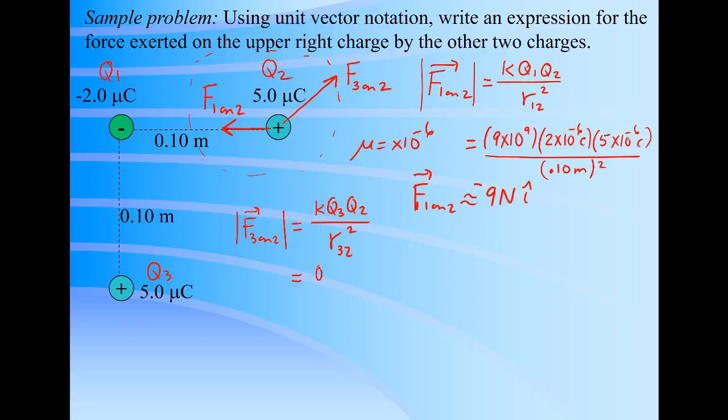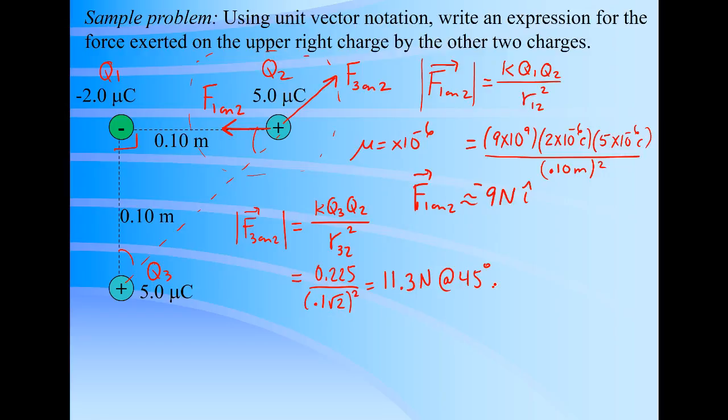We get in the numerator 0.225, but now what do we use for the distance? Well, it's just 0.1 times the square root of 2, because it's the hypotenuse of a 45-45-90 triangle. So we chug that out, and we get that that's about 11.3 newtons, but that's at 45 degrees.